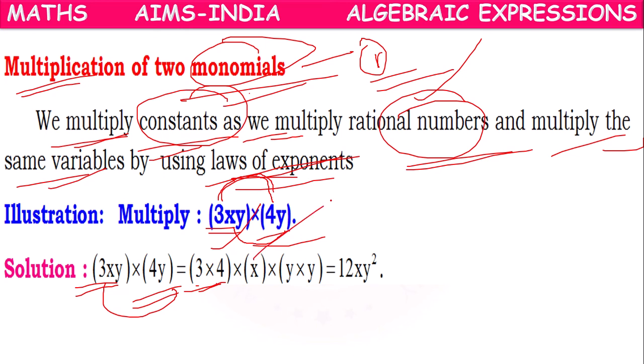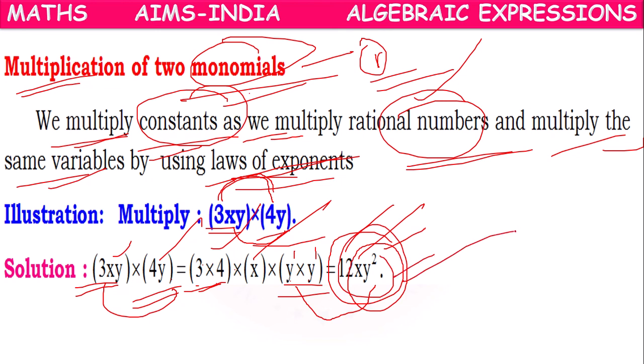X we have only one time, and y we have two times. 3 into 4 is 12. X is repeated only one time, so let's keep it as it is. Y is repeated two times, y power 1 into y power 1, the powers 1 plus 1 equal 2, y square. So 12xy square is the answer.